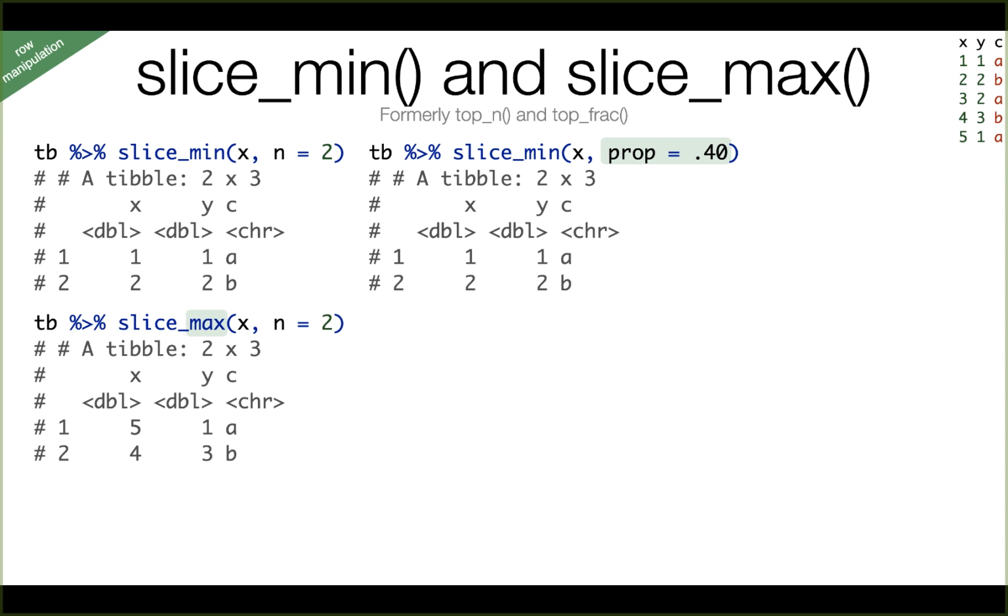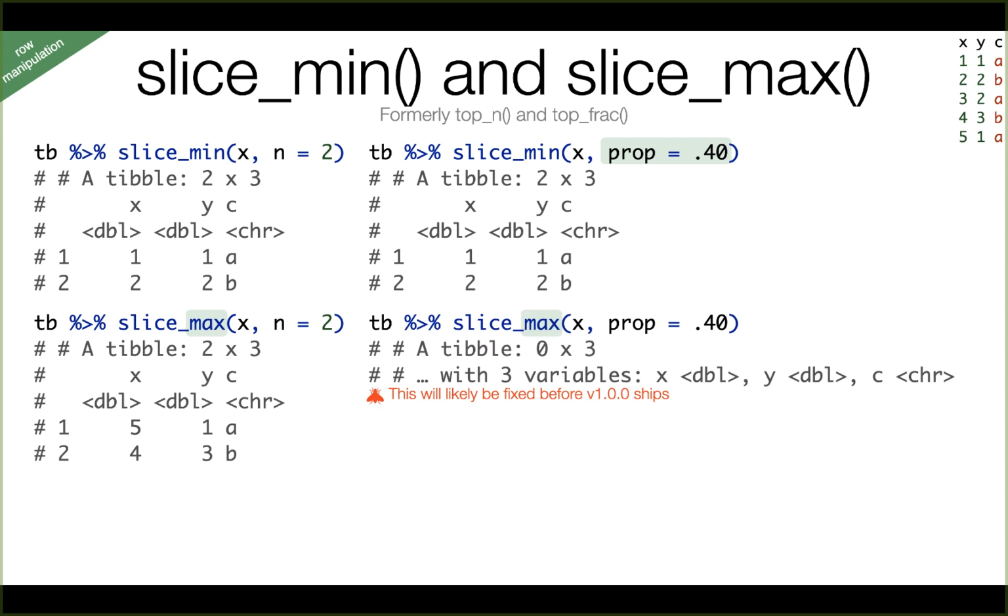Consistent with slice_sample, you can also say TB slice_min x prop equals 40. What's going on here is you're asking for the lowest 40% of the rows as far as x is concerned. In other words, you want the rows of the data set that are at or below the 40th percentile according to their x value.